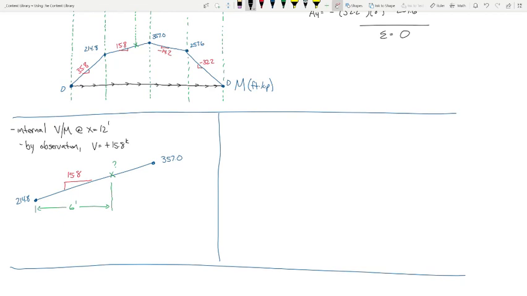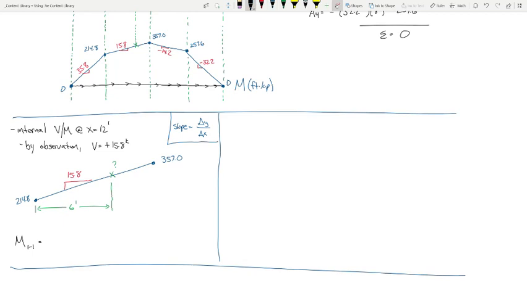So if I want the moment at section 1-1, a simple way of doing this, remember, slope, let's just make sure we're all clear on this, slope is just change in y over change in x. So if you want the change in y, just take slope times the change in x.